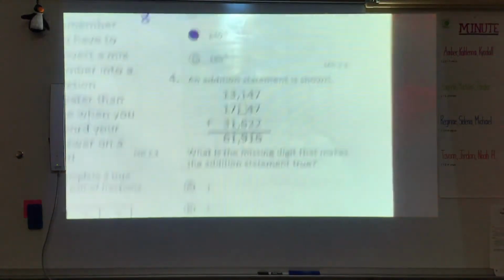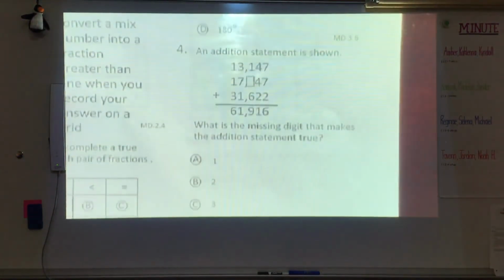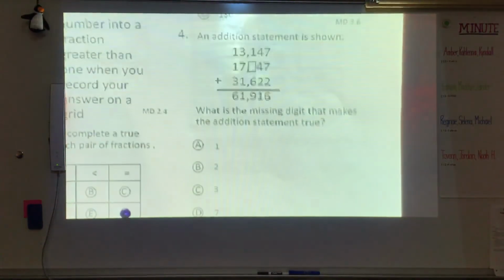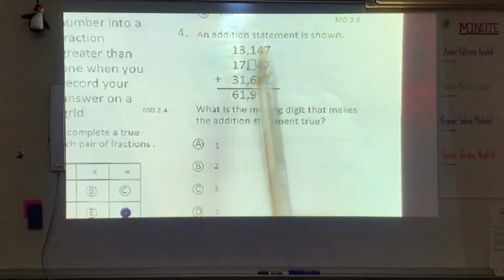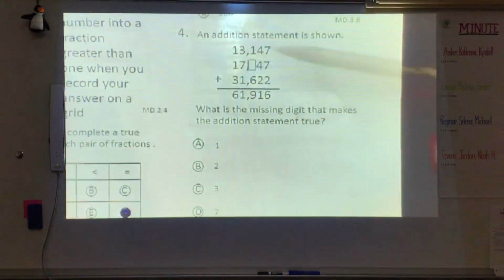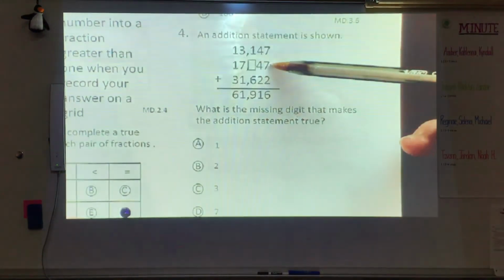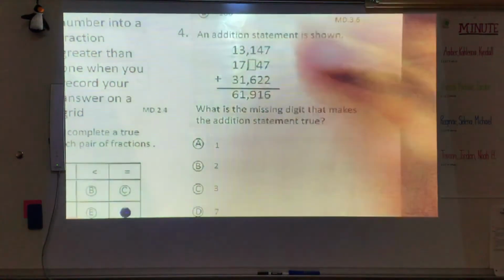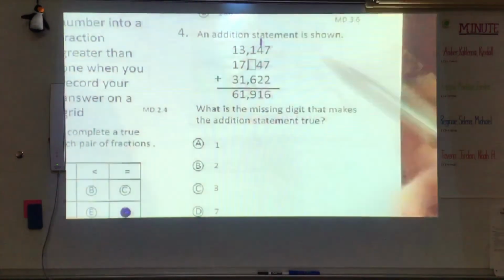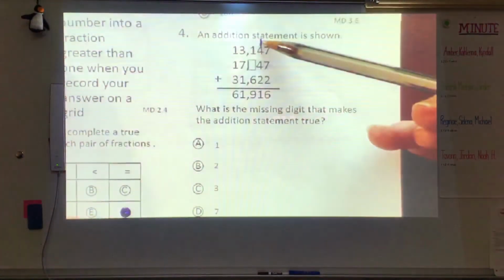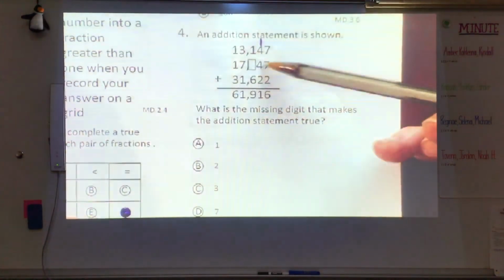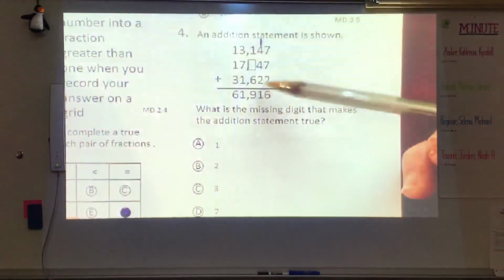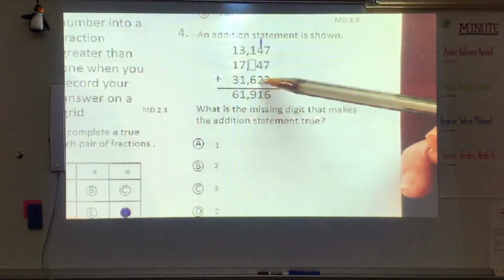All right, next we have an addition problem. This should be fun. Find the missing number. We know that 7 plus 7 is 14, plus 2 more is 16. So we would bring down our 6 and carry that 1 up there. We know 4 plus 1 is 5, plus 4 more is 9, plus 2 more is 11.